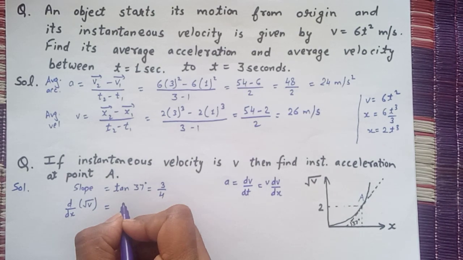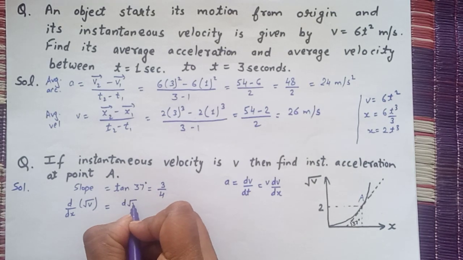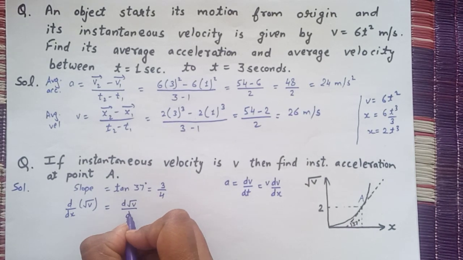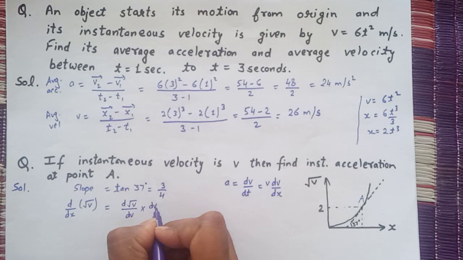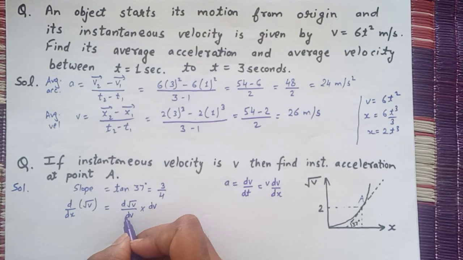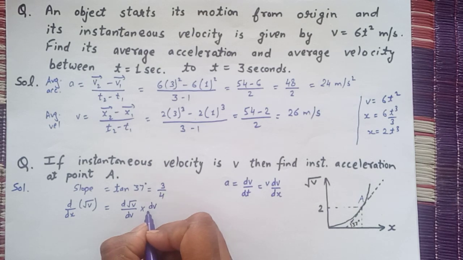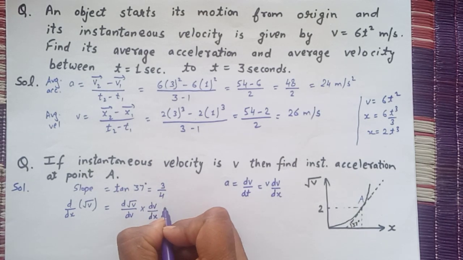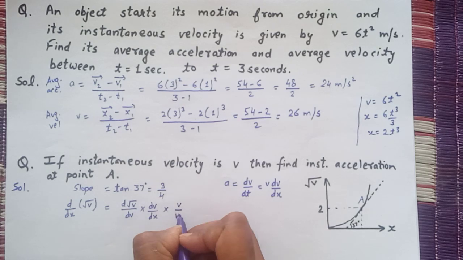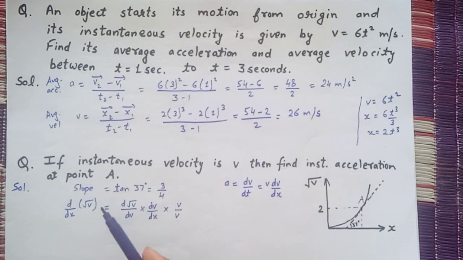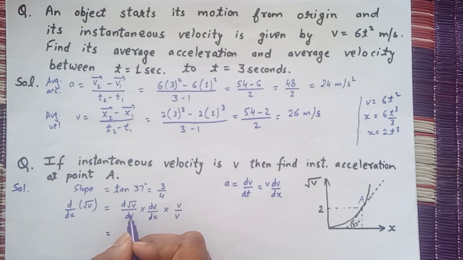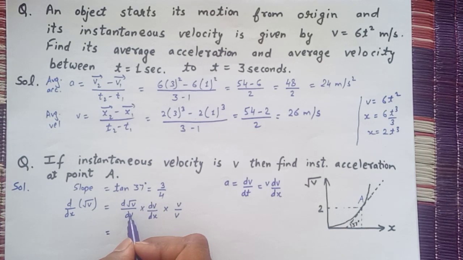Can I write it in the form of d root v upon dv into dv? I have multiplied dv and divided dv at the same time. Similarly, the dx is same and I am also multiplying it by v upon v. See what happens, it was d root v by dx, I have multiplied it by v and dv by dv. Why so? Because we cannot differentiate root v with respect to x directly, but we can differentiate this one.